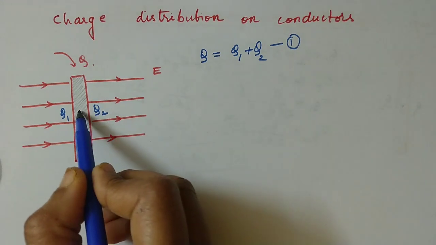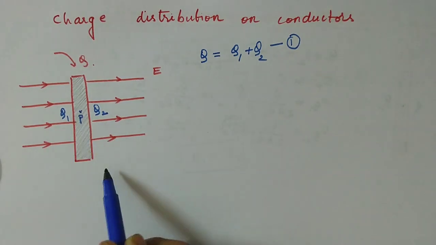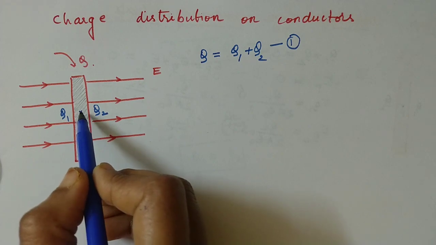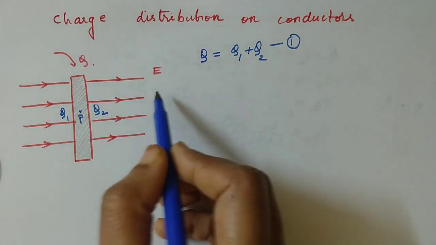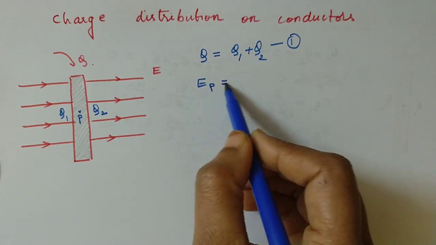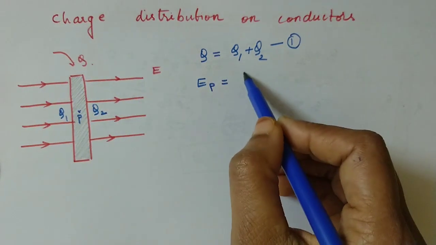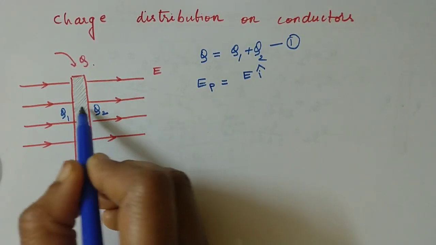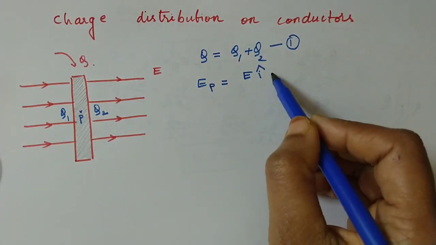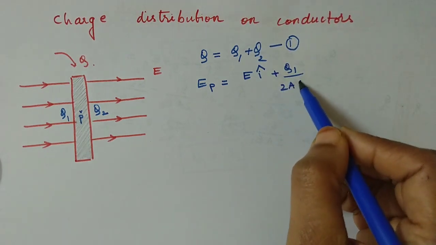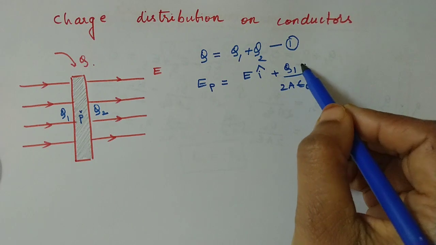And now if I select a point P inside this metal, the net field at the point P should be 0. So we know there is an external field in the positive i cap direction. I'll find out the net field at P. Due to the external field, it is E i cap. Due to Q1 also, it is in the positive x direction, that is Q1 by 2A epsilon naught i cap.